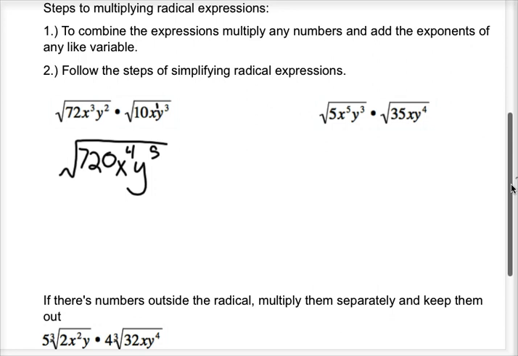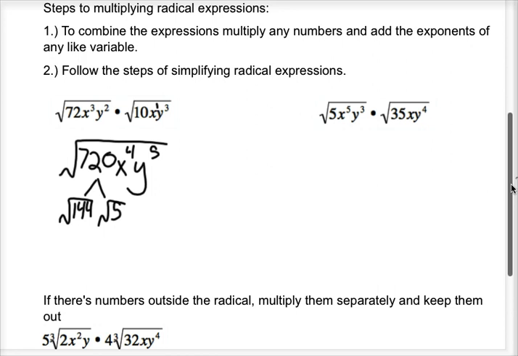However, be very careful because, again, our goal is to find the largest perfect square that goes into it. And with our goal being the largest one, you would actually be looking for 144 and 5. 144 is the largest one that can pull out.